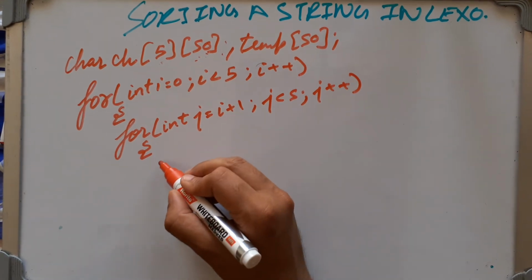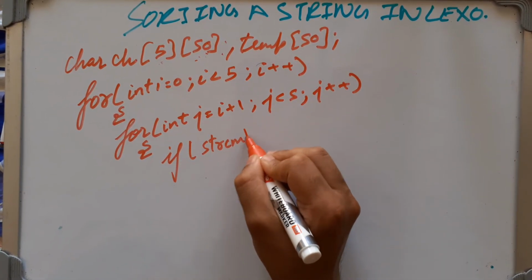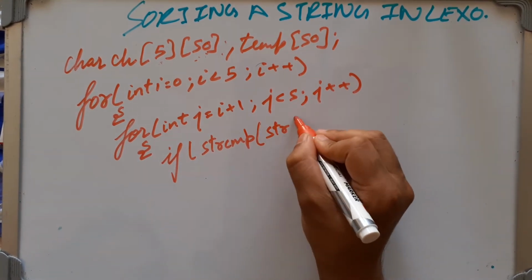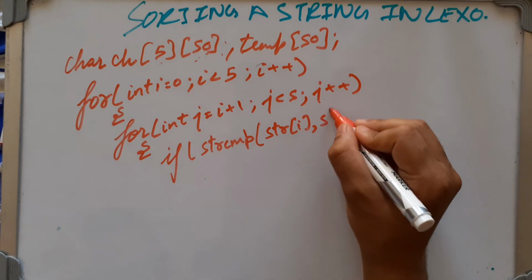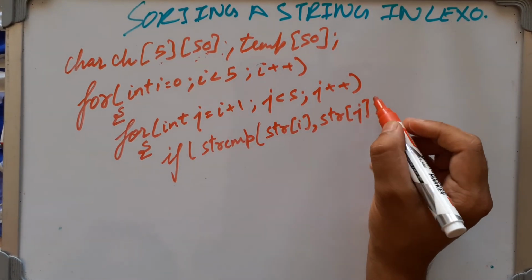So what you will do is strcmp, you are checking with the first words of the string, like str of I comma str of j greater than 0.